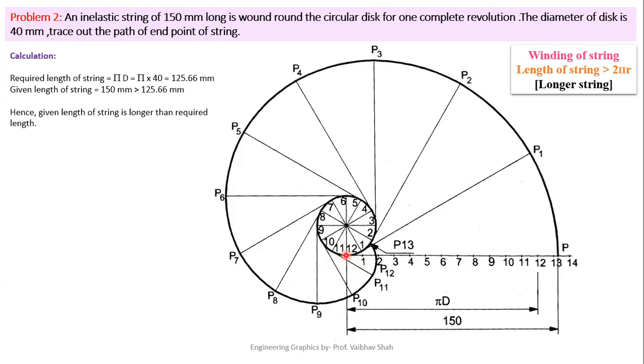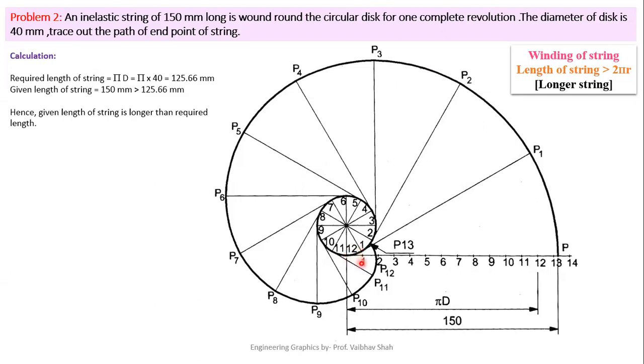Now put your compass at point 0 on the circle and make an arc on this circle like this. Then you will see that the dimension of 0 to 1 on the straight line is exactly the dimension of 0 to 1 on your circle.